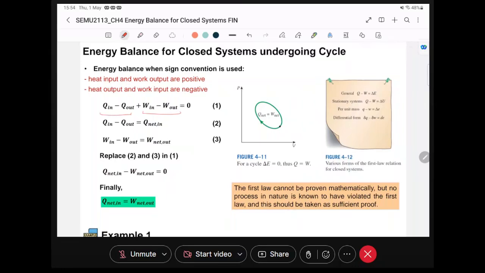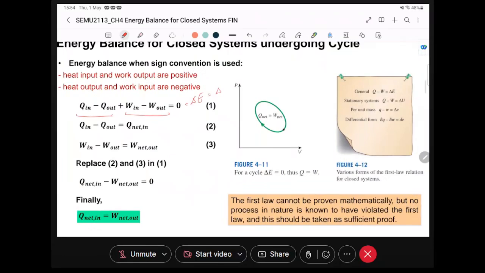This is, of course, when there is no change in total energy, which we know is the change in internal energy plus change in kinetic energy plus change in potential energy. Assuming there's no elevation change and the system is not moving, the last two are definitely 0.